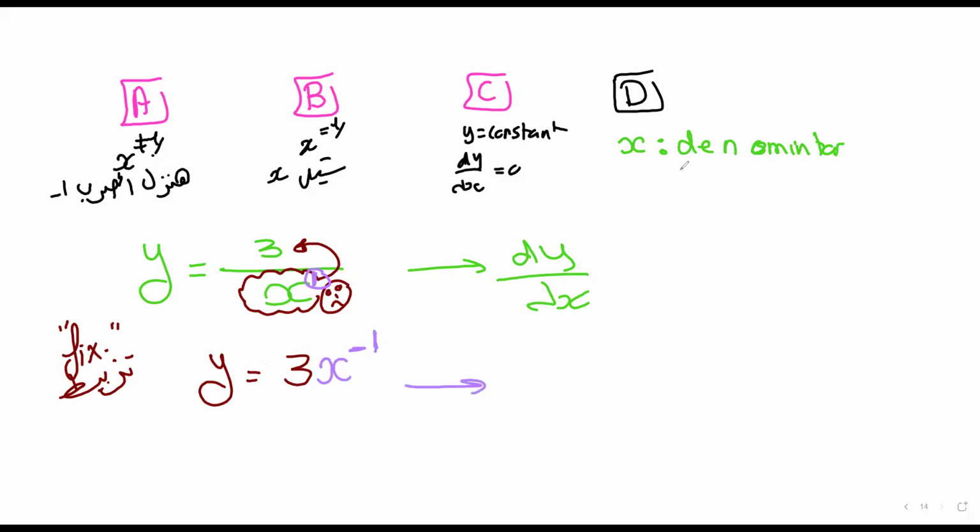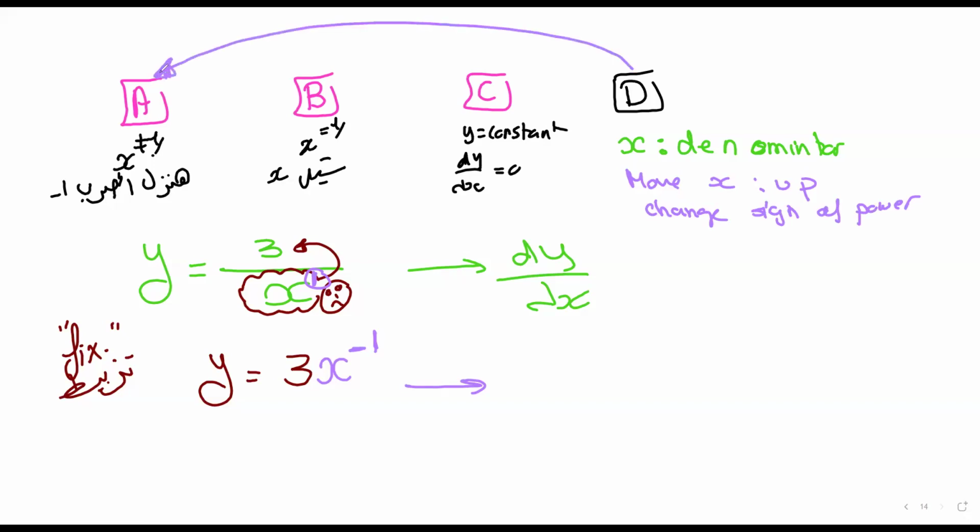And then what do I do? We say move the x up. After I move the x up, I change the sign of the power. Then I apply case A, which is to bring the power down and multiply by negative 1. So negative 1 times 3, minus 1.